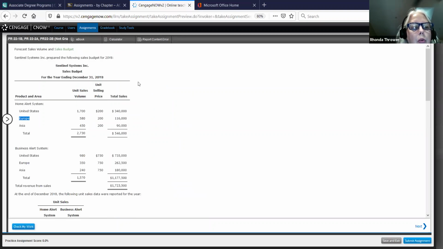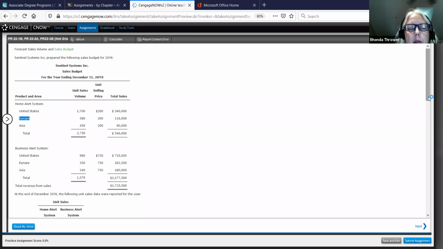And we're going to be the Sentinel Systems Incorporated, and we're going to be preparing a sales budget, and also forecasting some sales volume to go into this sales budget. The sales budget is the first budget that you're going to create when you're working with budgets in a company.